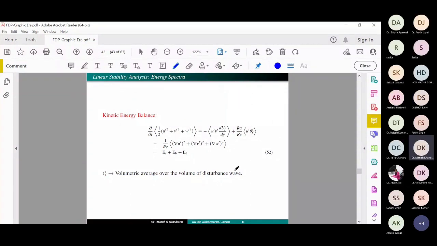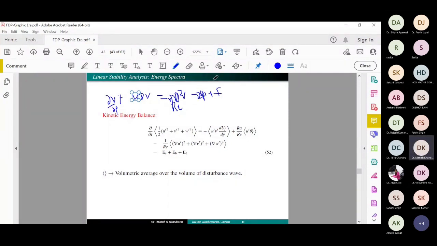But what is the objective of that? That is a very interesting part. If instabilities occur in fluid mechanics, we have seen the Navier-Stokes equation, where several terms are there: V dot del V plus del V upon del t equals one upon Re del square V minus del P plus some other forcing factor.